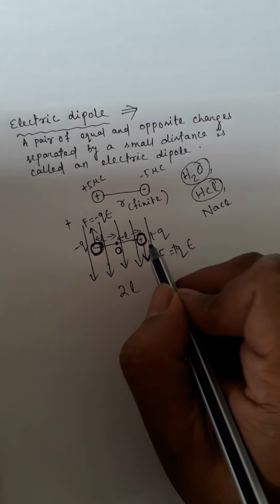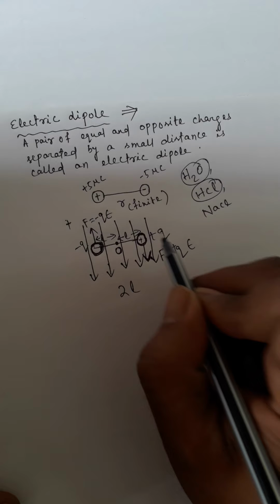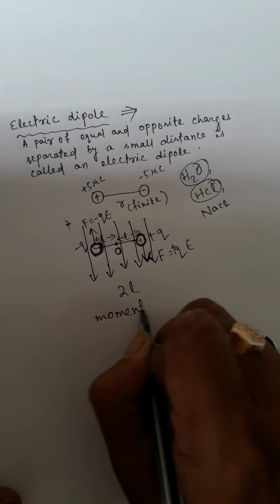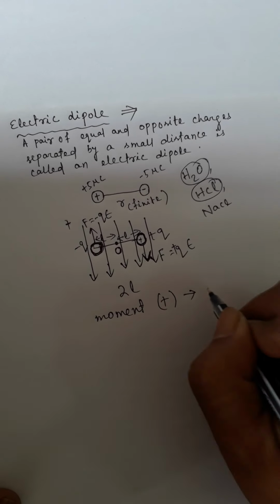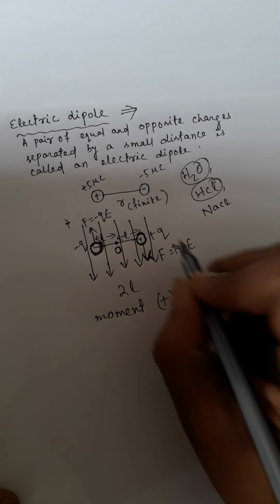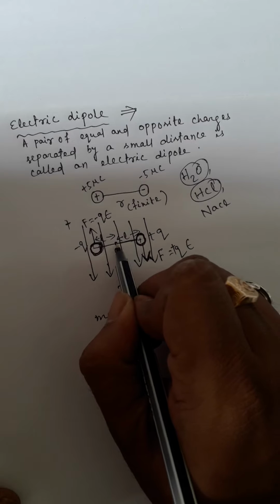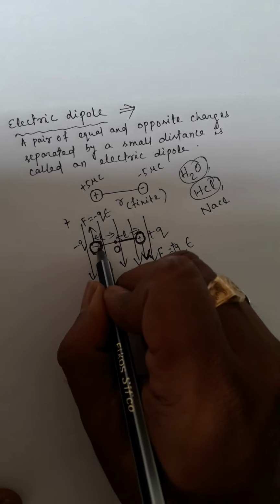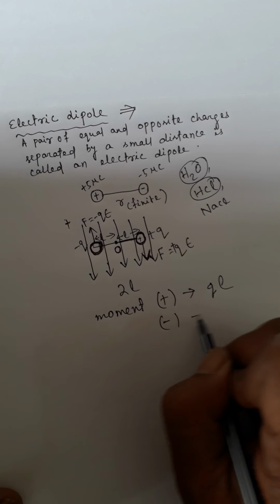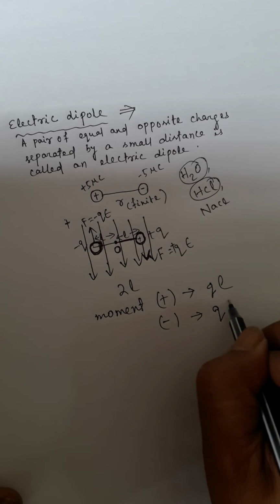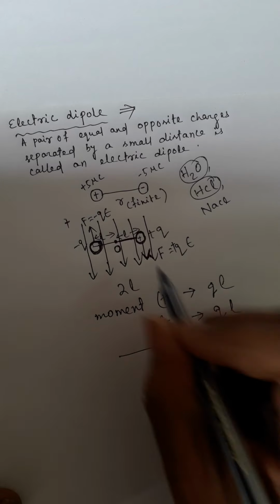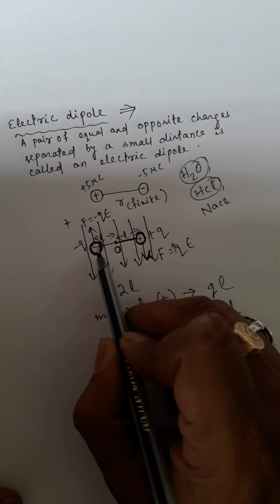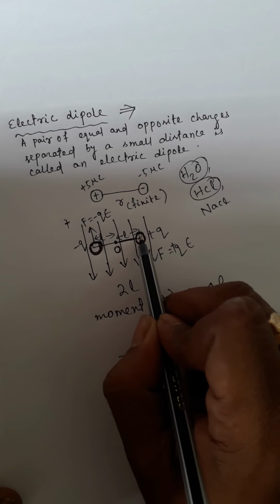If we consider the moment of this positive charge, it will be q, the magnitude of this charge, times this distance L, and the moment of this negative charge will be q times L. The dipole consists of this negative charge as well as the positive charge.